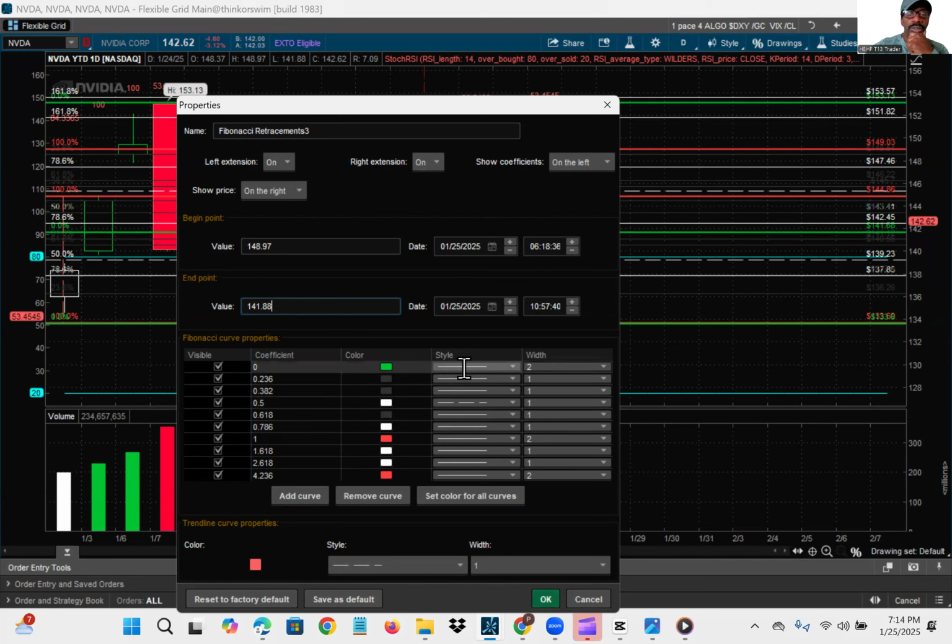So I'm going to change this because this is market close. I just do that so I can identify this is market.